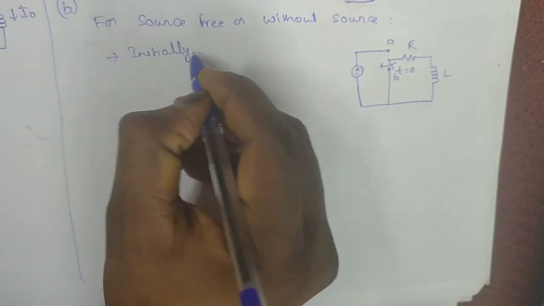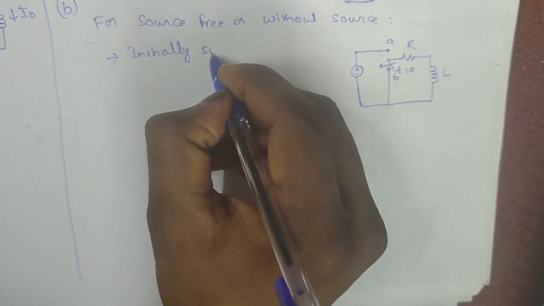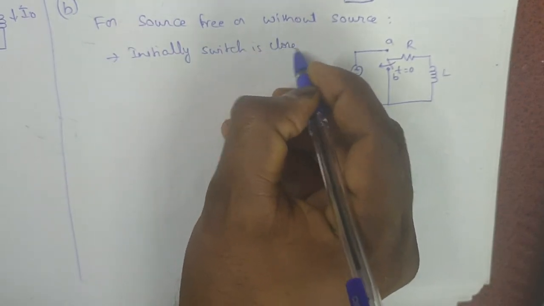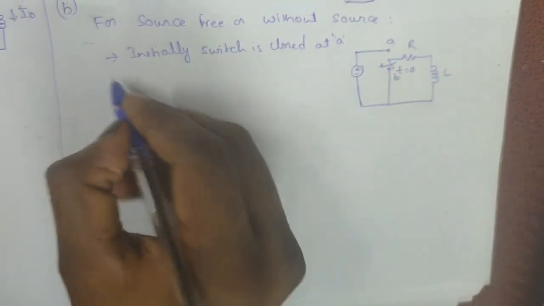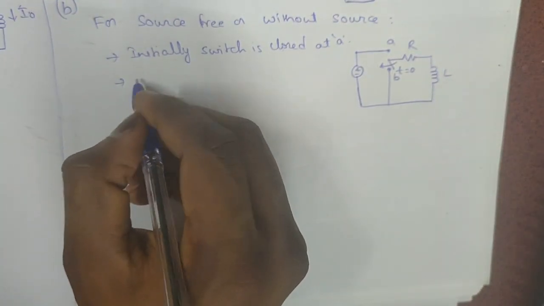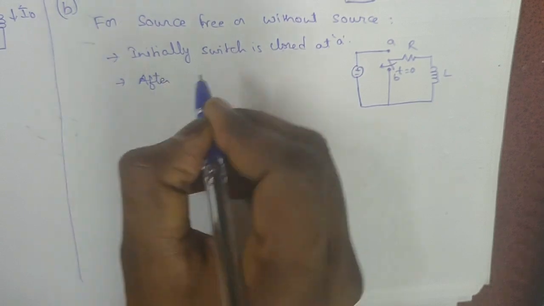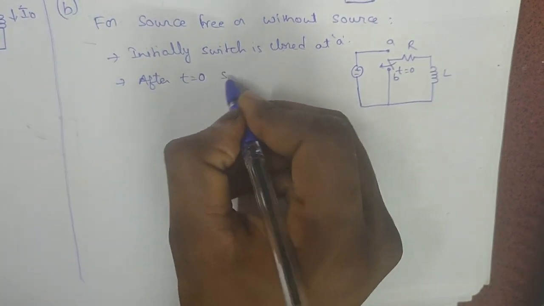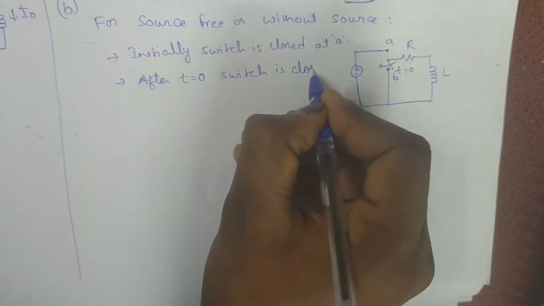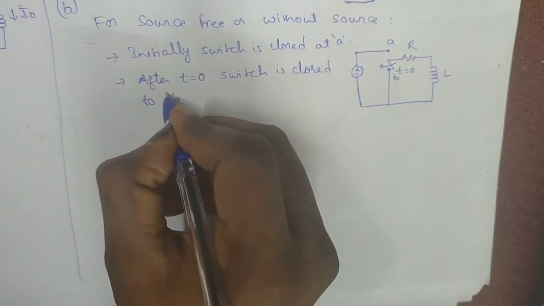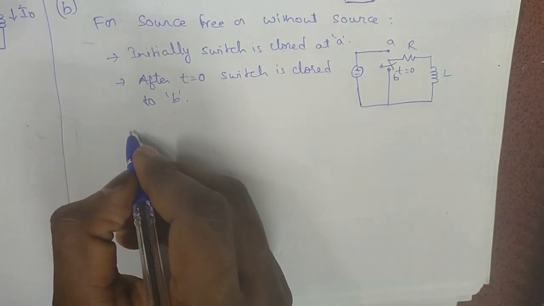Initially the switch is closed at A. So after t equal to 0, the switch is closed to B. The circuit looks like this.